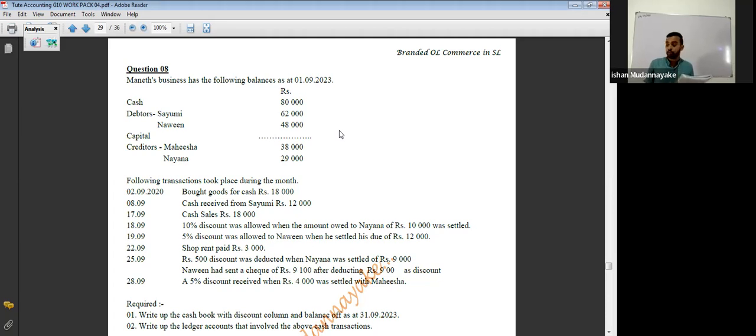Capital you need to calculate here: assets minus liabilities. Then creditors, Mahisha 38,000 and Naina 29,000. These are the opening balances.